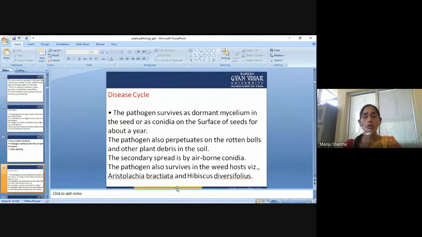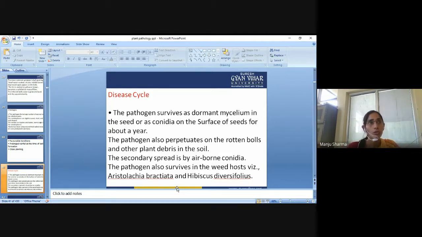The pathogen also perpetuates on the rotten bolls and other plant debris in the soil. Any pathogen can easily survive on plant debris if it is available in the field, because they can get their nutrients from the crop residues.